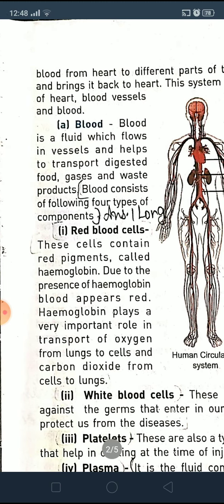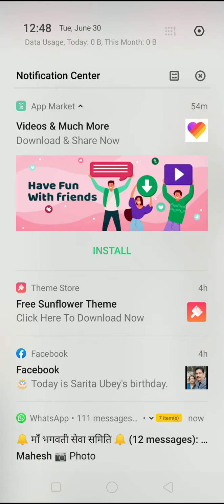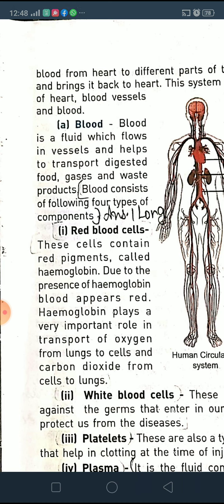That's why the blood color is red. Due to the presence of hemoglobin, blood appears red. Hemoglobin plays a very important role in the transport of oxygen from the lungs to the cells. So RBC's role is very important in our blood.